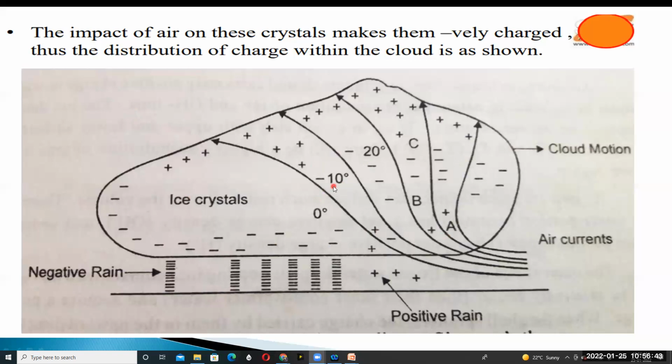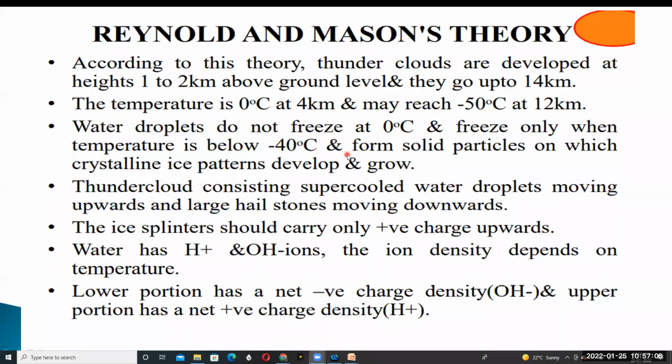So the upper part of the cloud has positive charges and the lower part of the cloud has negative charges. This is how charges are formed and accumulated in the cloud according to Simpson's theory.